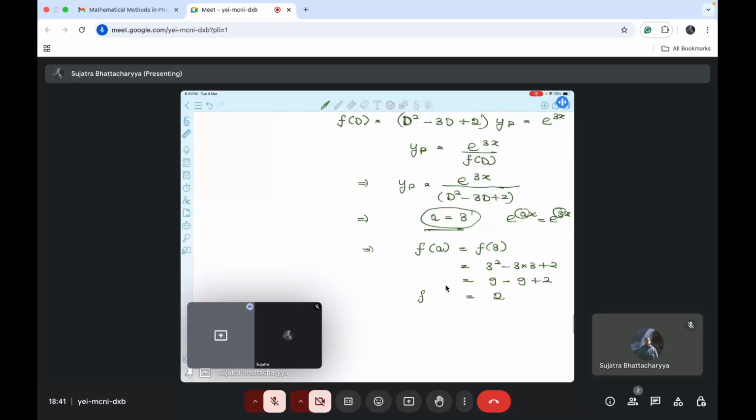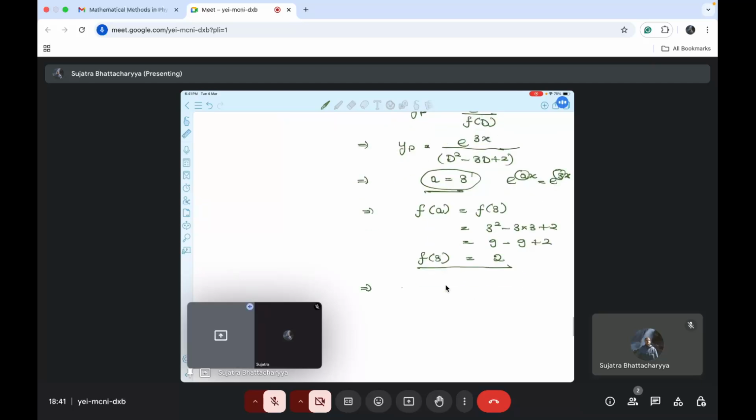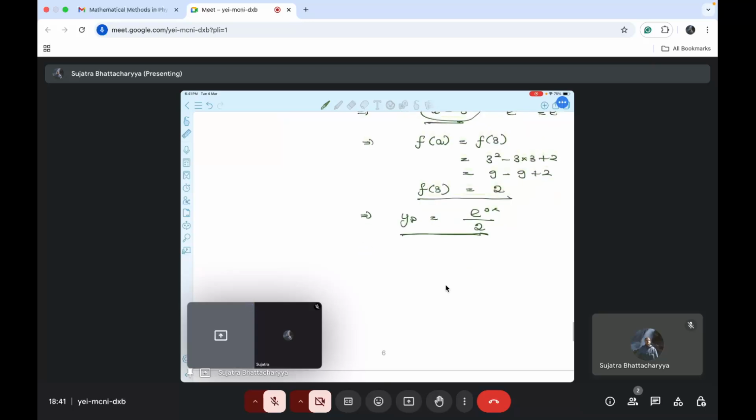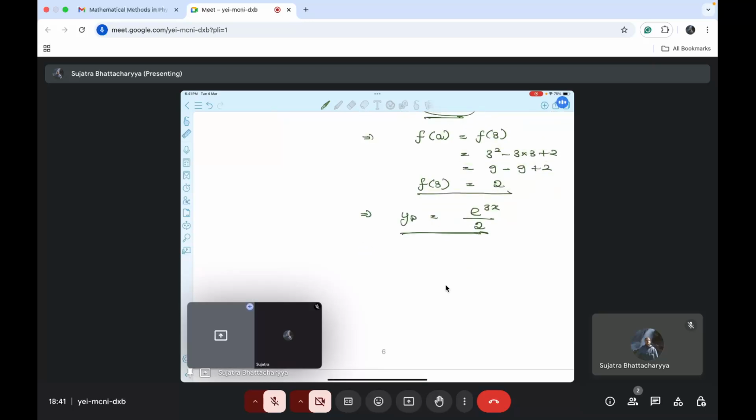So f of 3 is equal to 2. Then your yp becomes e to the power 3x divided by 2. Simple. This is the particular solution. Hence, the particular solution is half e to the power 3x.